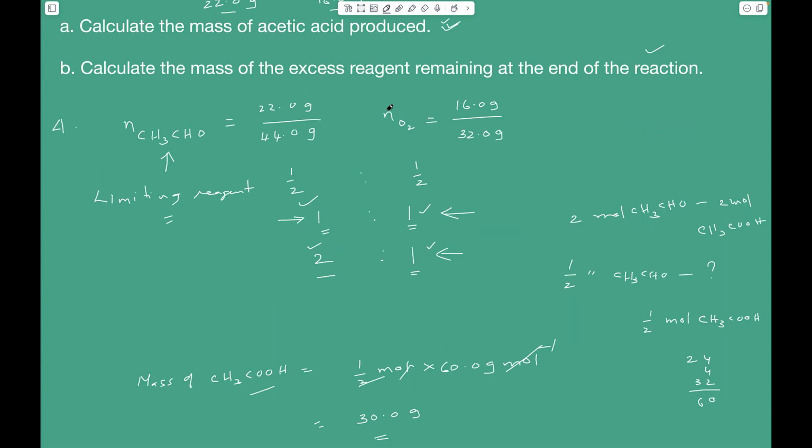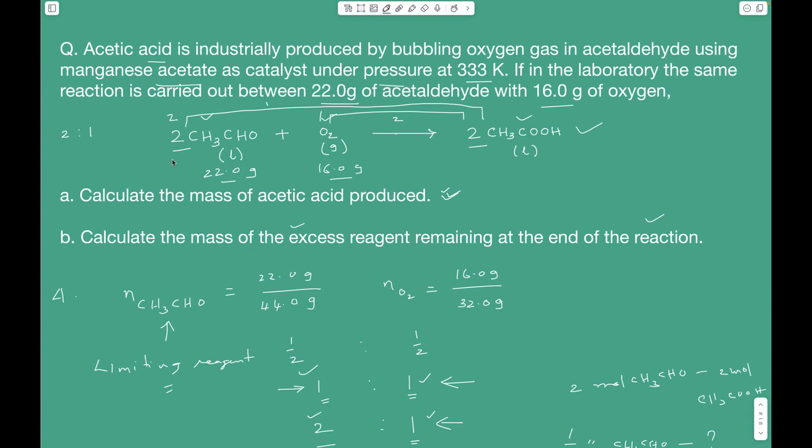By the way, there is another method to calculate the mass of excess reagent remaining at the end of the reaction. That is by using the relationship between the number of moles of acetaldehyde and the number of moles of oxygen.